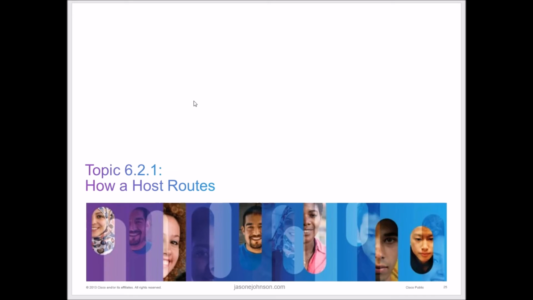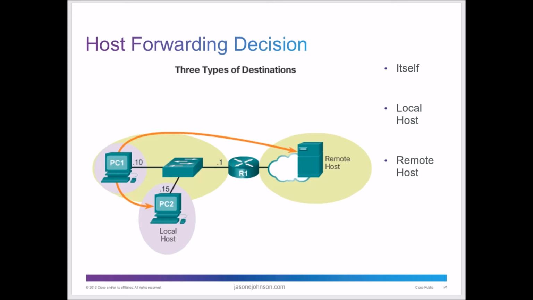So how a host routes. When we send some information, the forwarding decision: PC1 is going to say, I need to find some information. So it sends information out, and it goes through the switch to see if it finds it locally, or it goes through the routing process and finds it on the remote host.